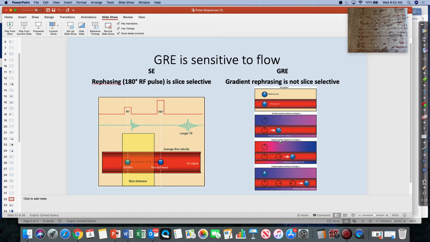It doesn't matter because you have gradients along the length of the entire scanner to catch that flowing blood and to rephase it and give it signal within your MR image. So gradients are way more sensitive to flowing blood. So that's why we're selecting gradient echo pulse sequences when we're doing angiography.